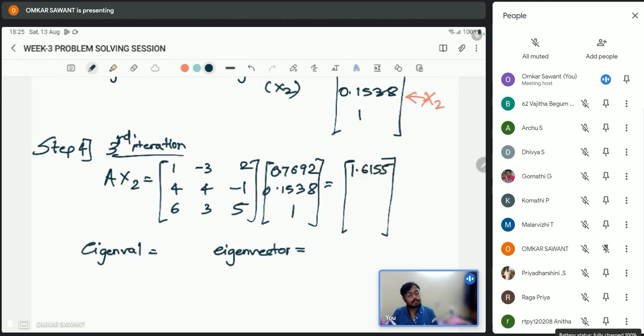Then the next value is minus 0.07712. Okay, let me check.